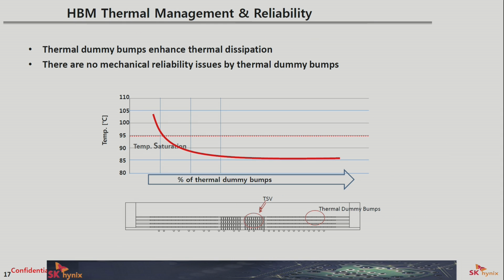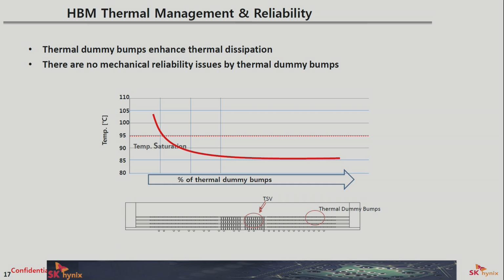Another critical topic in HBM and 2.5D integration is thermal management. Oftentimes, the HBM device sits very close to an ASIC or a processor that runs at 150 watts, sometimes 200 watts. And so being able to dissipate the heat from the base die up to the top core die is essential.